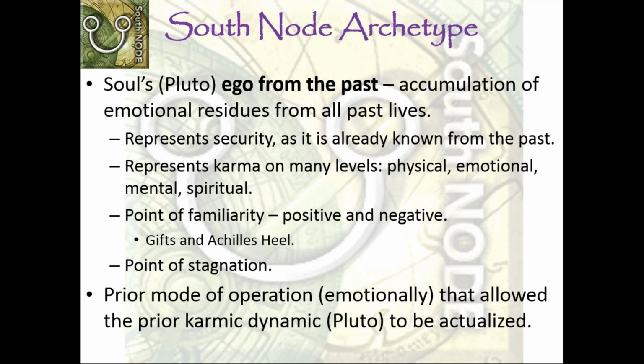From EA's perspective, it is the prior mode of operation on emotional or egotistical levels that allowed the prior karmic dynamic of Pluto to be actualized. In other words, wherever natal Pluto is by sign and house, in past lives it operated through that South Node on an egotistical or emotional level.